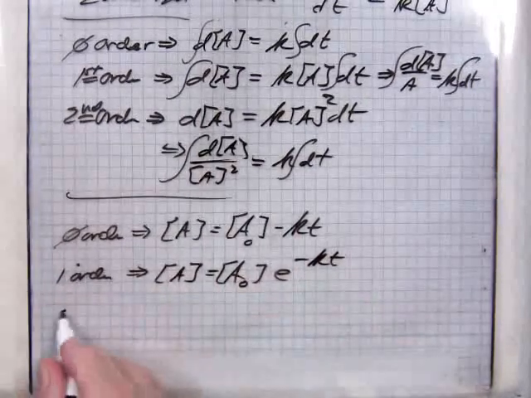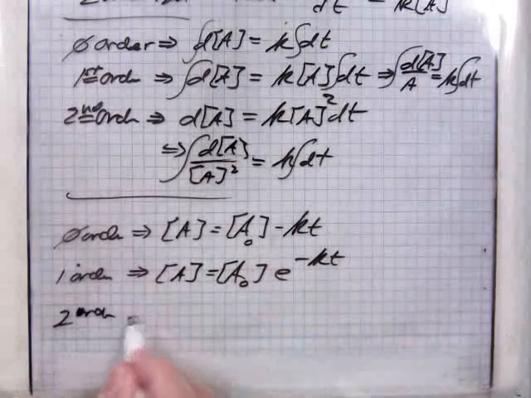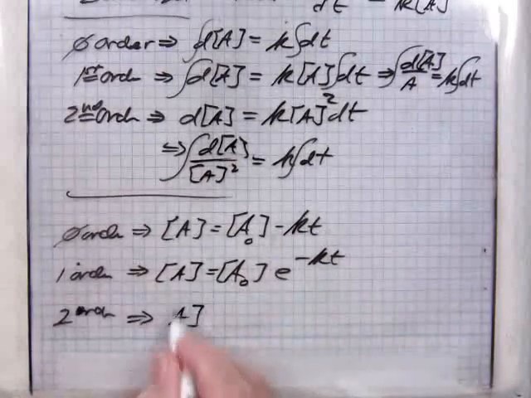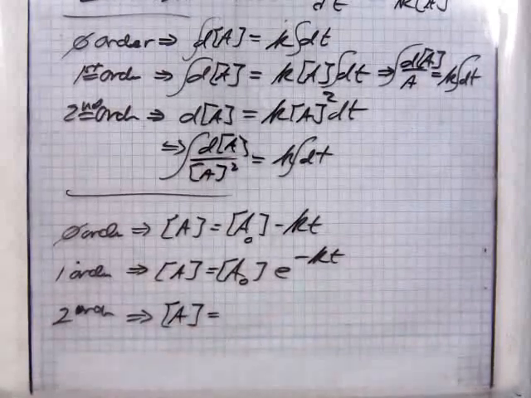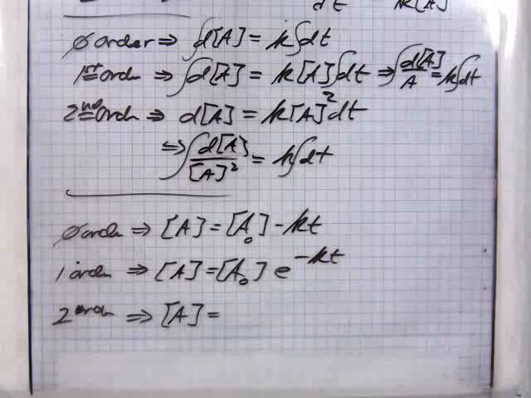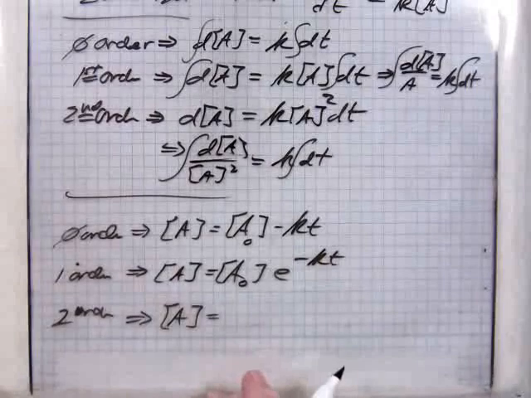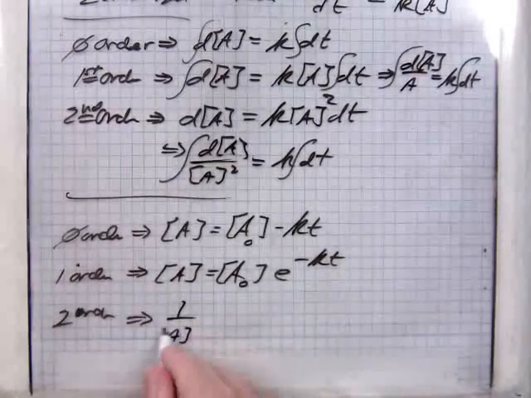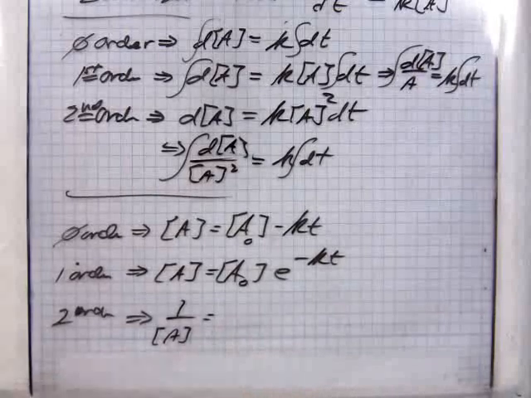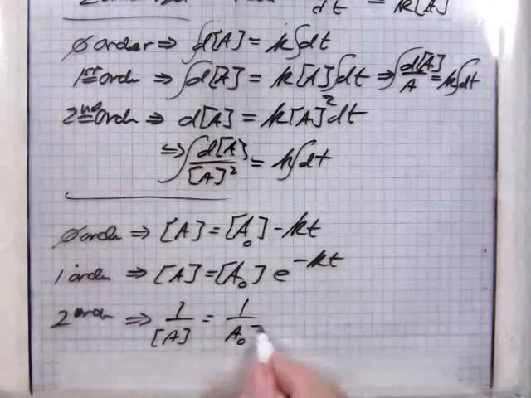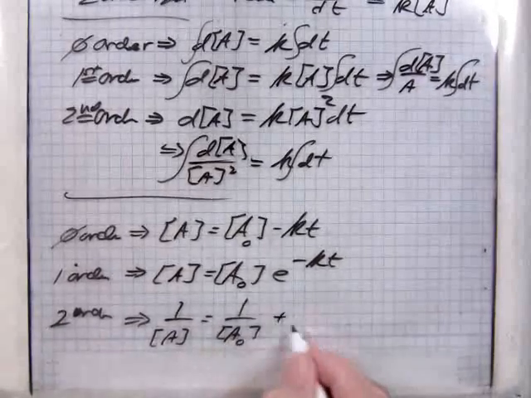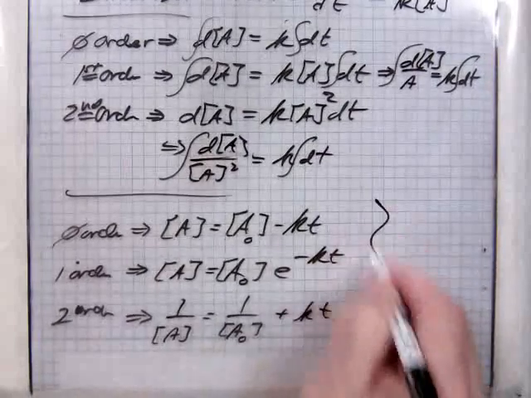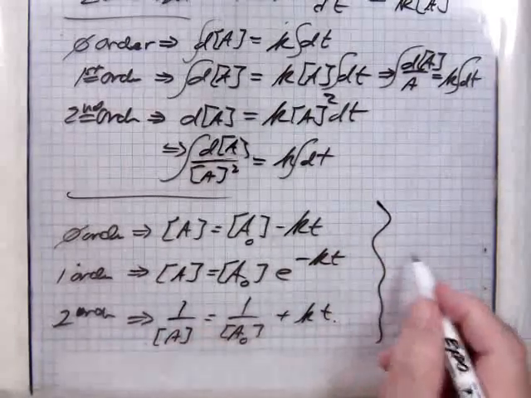And the second order gives you, actually, it's not that, it's 1 over A equals 1 over A naught, when it's all said and done, plus KT. So these are what we call the integrated rate laws.